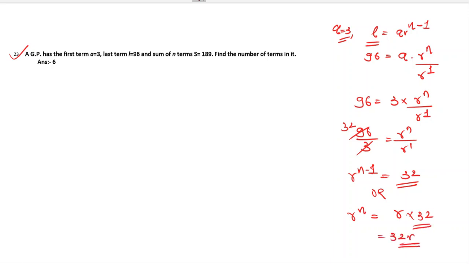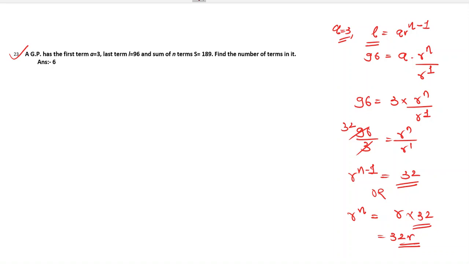R raised to n is 32r. And what is r? We don't know. So we can keep r as r and r raised to n as 32r.